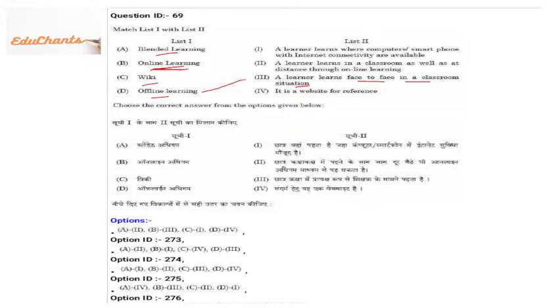Then it is talking about a website for reference. Yes, it is a website for reference. That is a wiki, right? But what is online learning then? Online learning is where a learner learns where a computer or smartphone with internet connectivity is available.